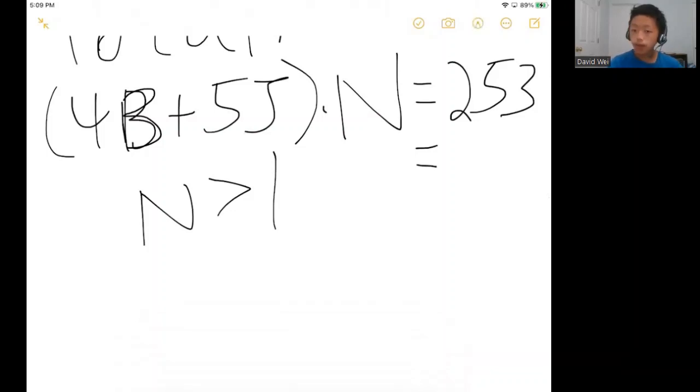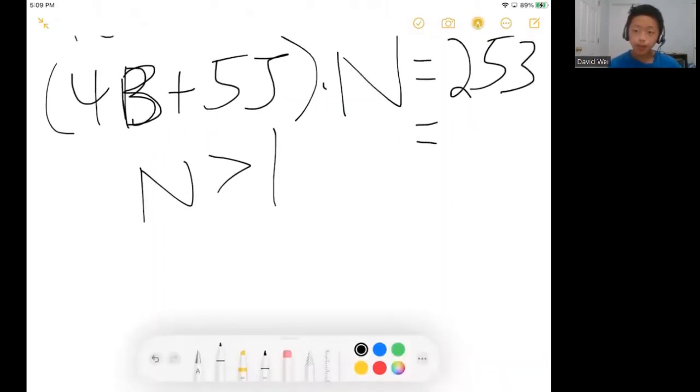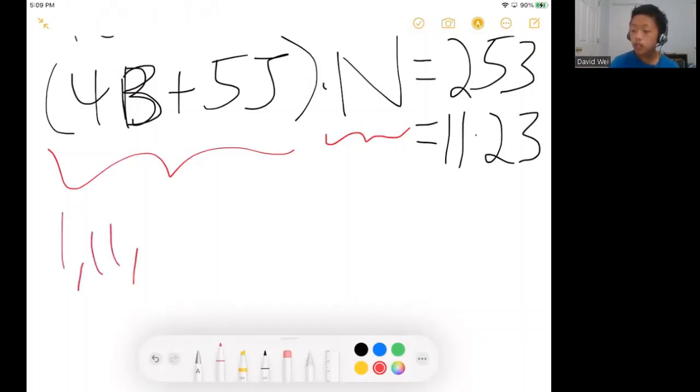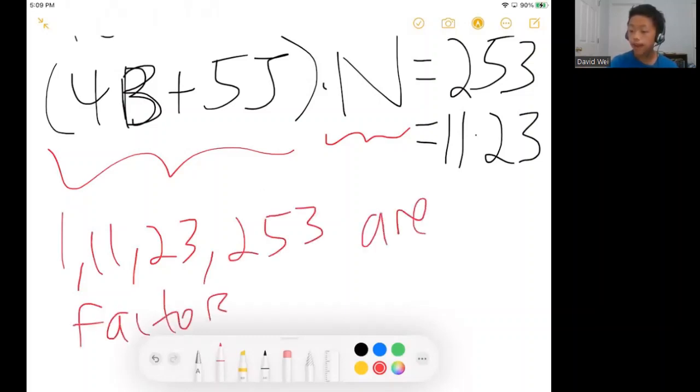Playing around with the numbers, we notice 253 can be written as 11 times 23. Remember N is greater than 1, so we can look at the two quantities separately: 4B plus 5J, and N. Notice that 1, 11, 23, and 253 are the only factors of 253.